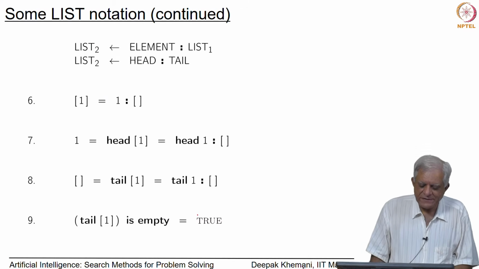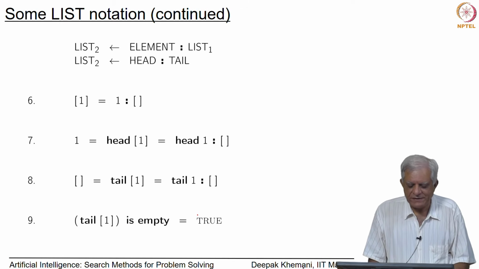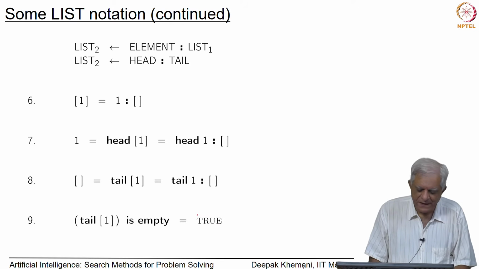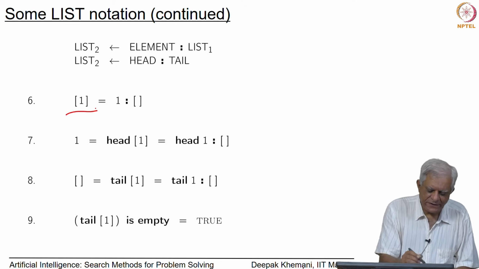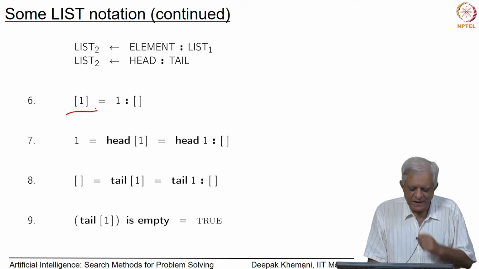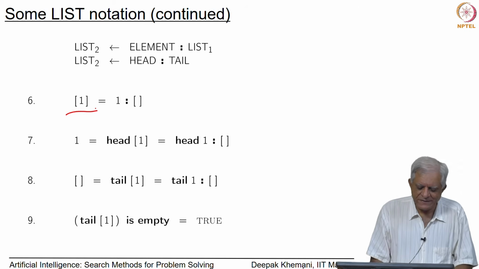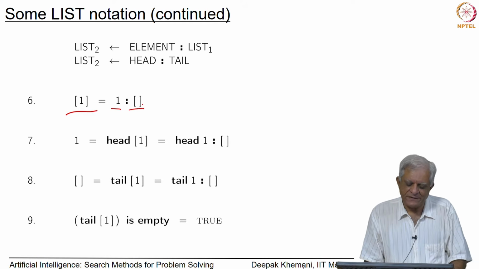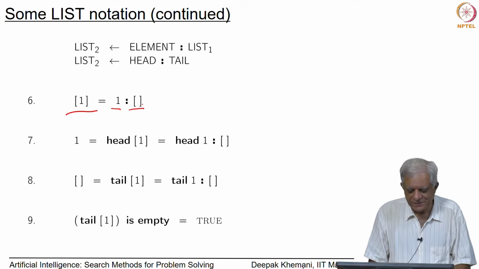So, we have seen that a list is made up of a head and a tail. Let us look at some examples here. Here is a list containing only one element 1, and we can also represent it by saying that it is made up of the element 1 and the tail is the empty list here essentially.